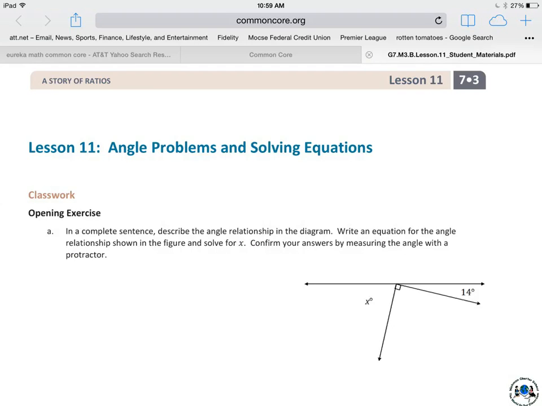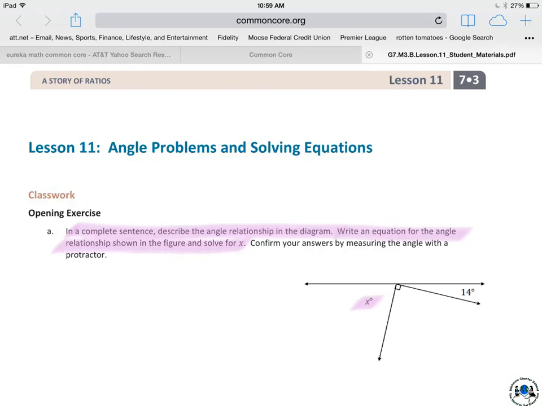Our opening exercise here, having done Lesson 10, will be no stranger to you. We'll be working these problems just like we did in Lesson 10. In a complete sentence, describe the angle relationship in the diagram, and then write an equation for the angle relationship shown in the figure and solve for x.